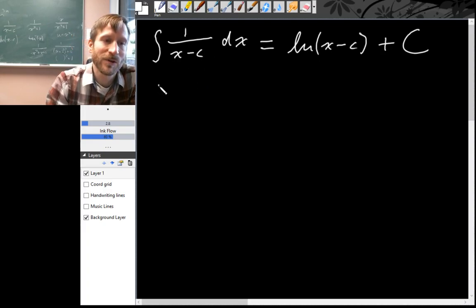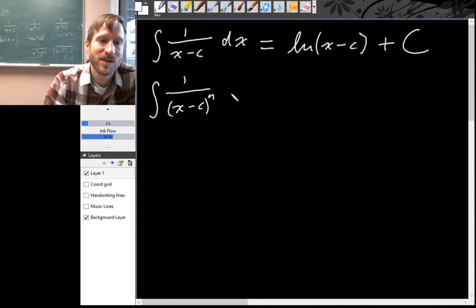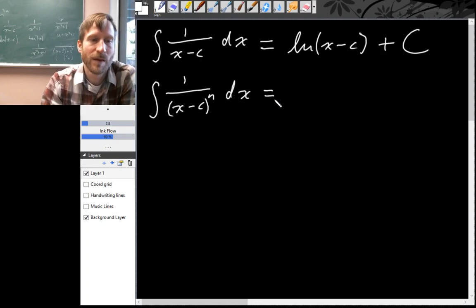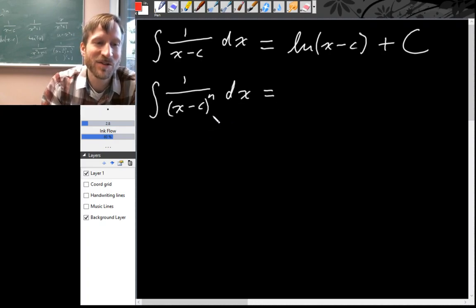All right, so let's move on to the second possibility. This was if you had a linear denominator to a higher power, like this. And for this situation, now it kind of looks like the sort of thing that we want to use a substitution for.